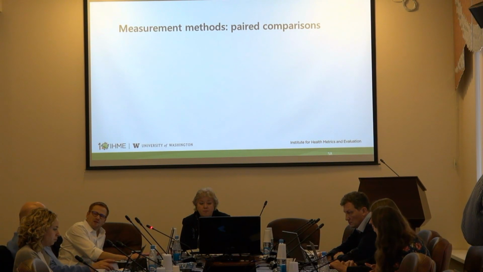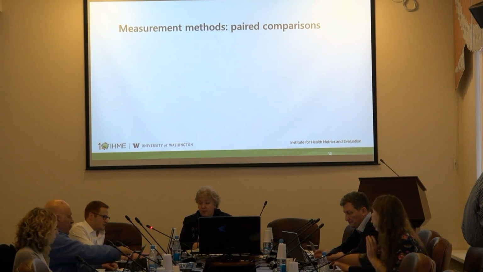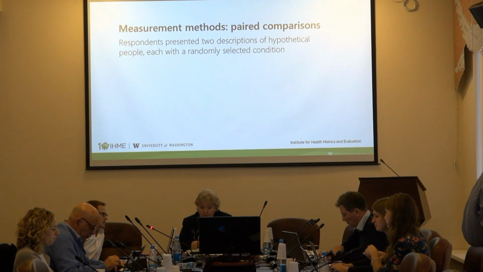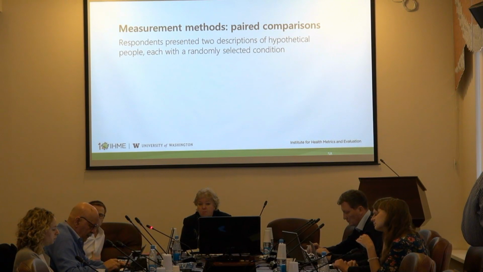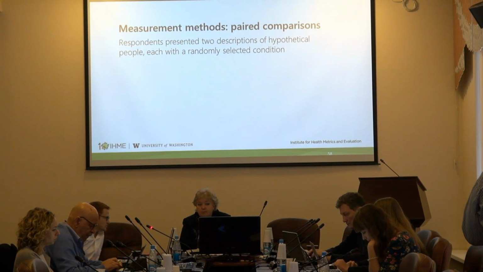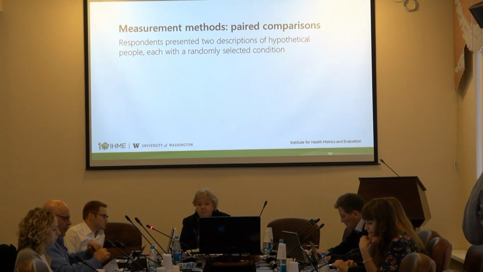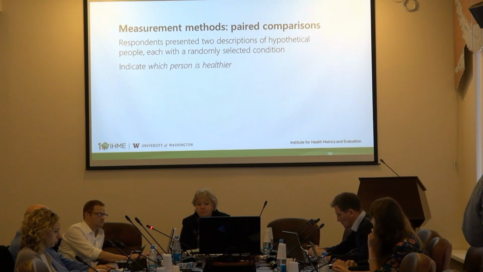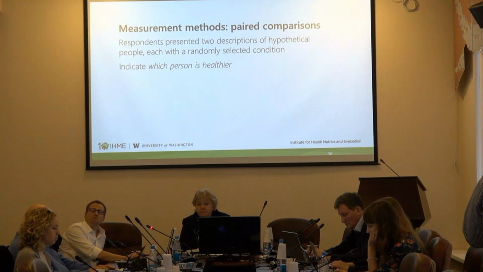The measurement method that was used in the studies we employed is paired comparisons. The way this works is that respondents, members of the general population, are presented with two descriptions of hypothetical people, each with a randomly selected condition, and they're asked to indicate which person is healthier.